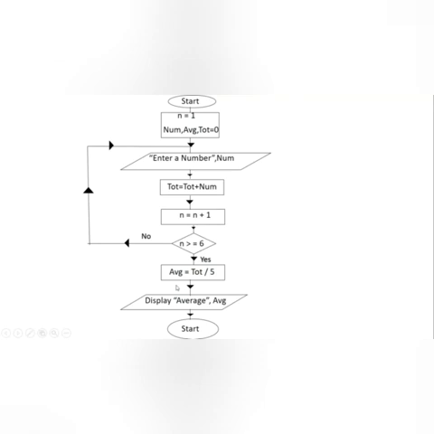And in the process we are supposed to give the average, and according to this calculation, they say average is equal to the total divided by 5, since we are speaking about 5 numbers. So the total is 10 divided by 5, which is 2. Display average, and it's 2.